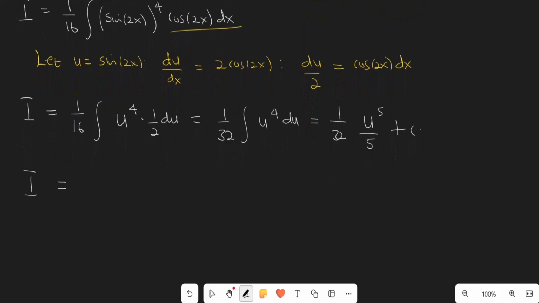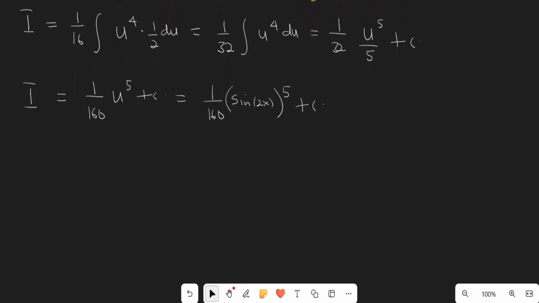So I is going to be equal to 1 over 32 times 5, which is 1 over 160, and then u raised to the power 5 plus the constant of integration. But what is u? u is sine of 2x, so that is going to be 1 over 160 sine of 2x raised to the power 5 plus the constant of integration.